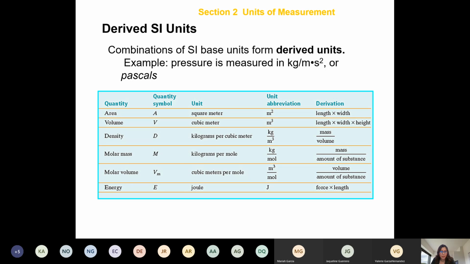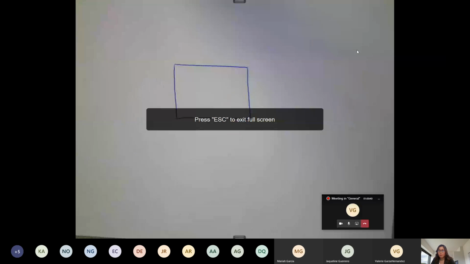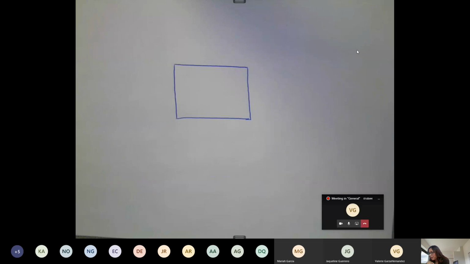Let me come back. So here, if you notice, I have a rectangle. Now, how would you find the area of this rectangle? If I ask you to find the area of this rectangle, how would you find it? What would you have to measure?